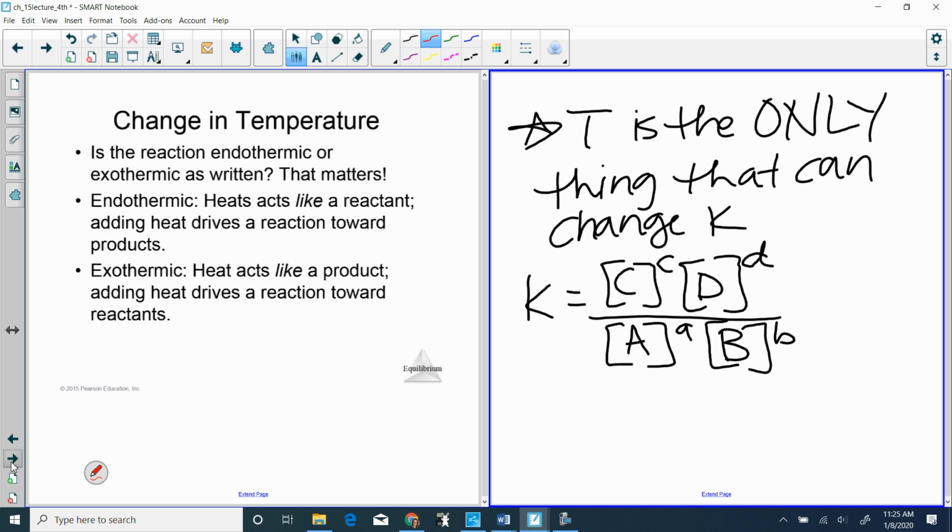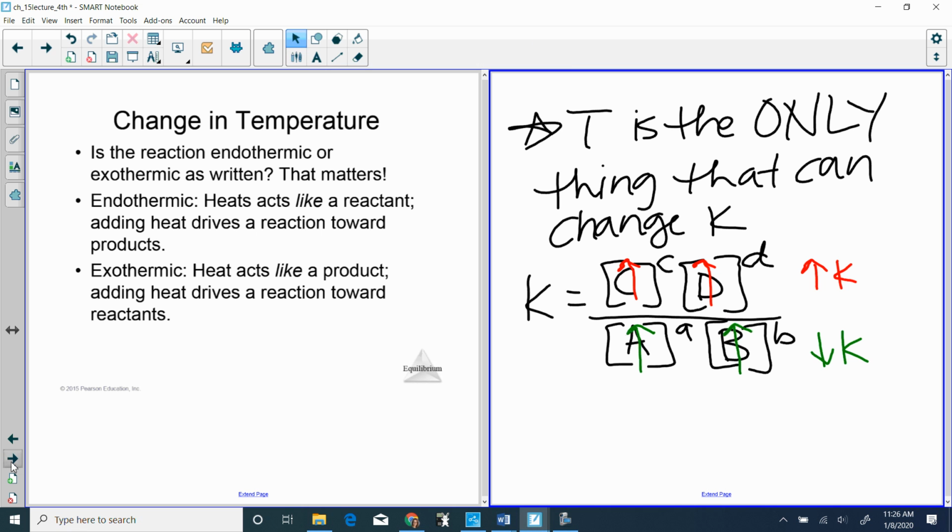If we increase our C and D, that's going to make our numerator bigger. Is K going to be bigger or smaller? Bigger. If I increase my A and B instead, I increase my denominator, my K is going to go down, because the bigger denominator makes a smaller K.